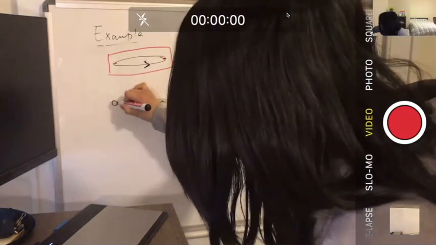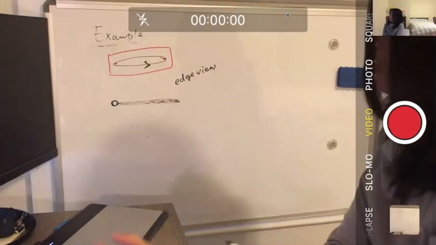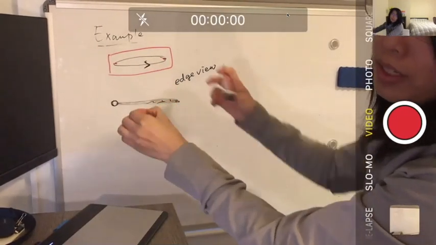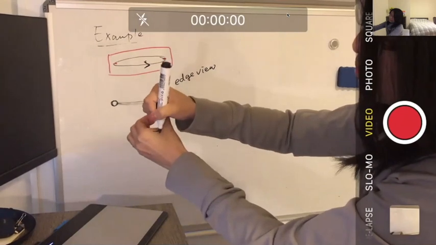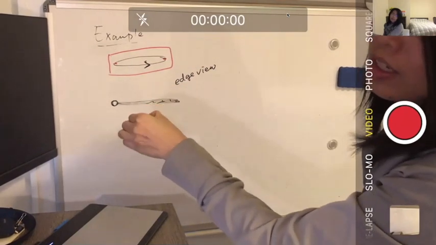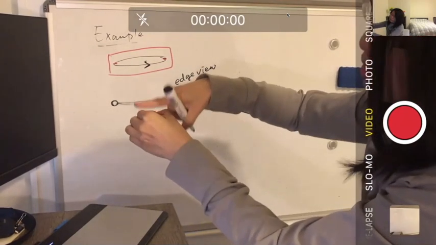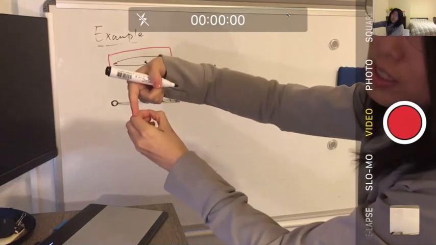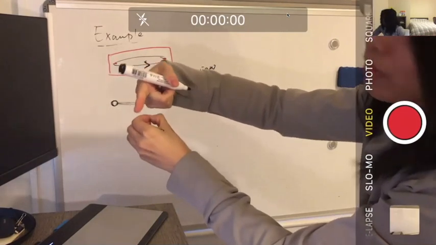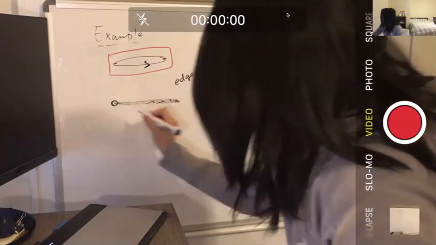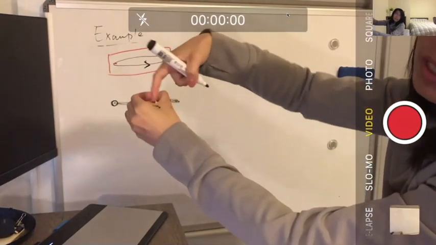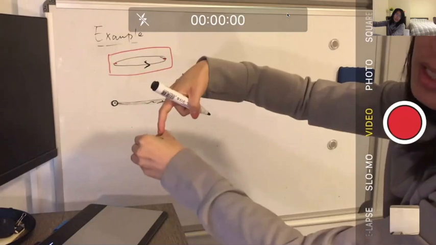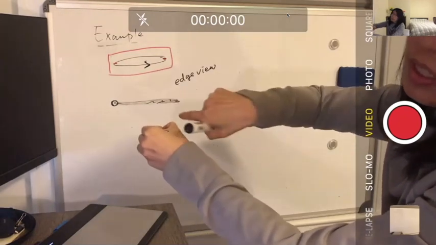And on this side, this is my ring, and the current is going this way. If I look at its cross section, the current at this point should be going out of the page. And the current at this point, because the ring goes like this, will be into the page.